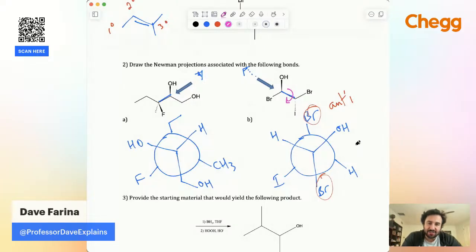So it's just a different way of depicting the molecule in 3 dimensions. We're going into the plane of the screen and looking at it from the side, and depicting what we see when we do that, as opposed to a top-down view. So it's just another way of looking at a molecule.